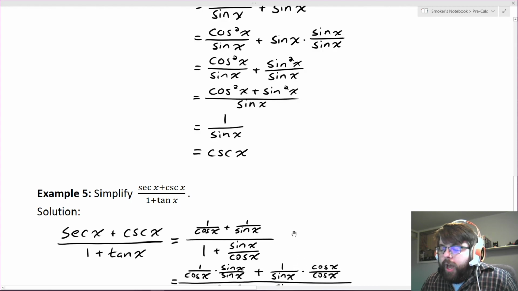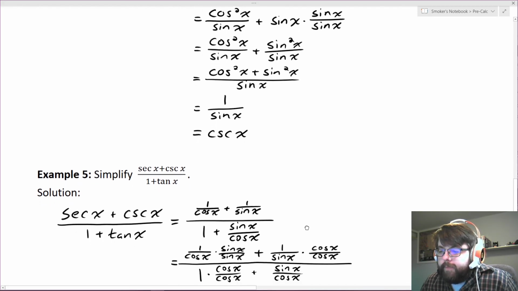While that is happening, simultaneous to that, okay, crazy stuff going on here, right? I'm going to want to add 1 to sine over cosine. I need a common denominator again. Well, I can multiply 1 by cosine over cosine, and I will get cosine over cosine, which simplifies to 1.